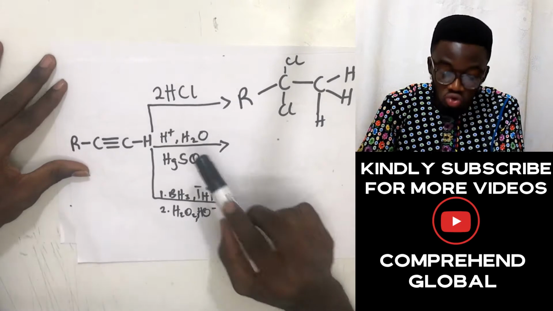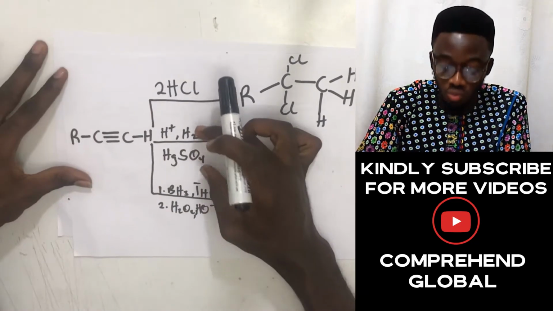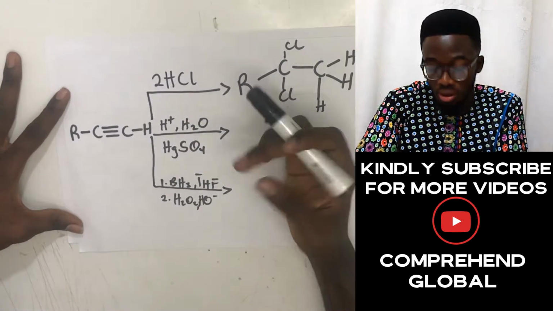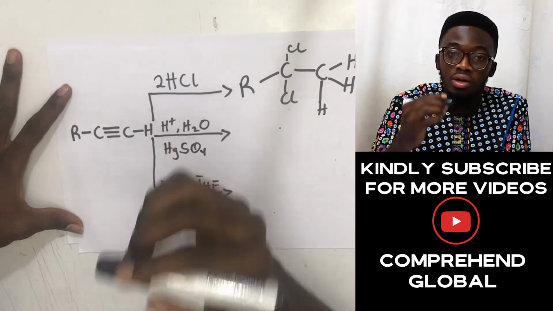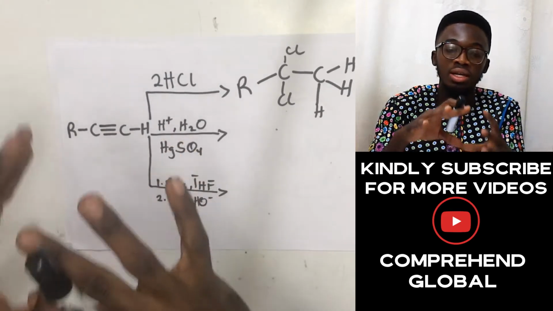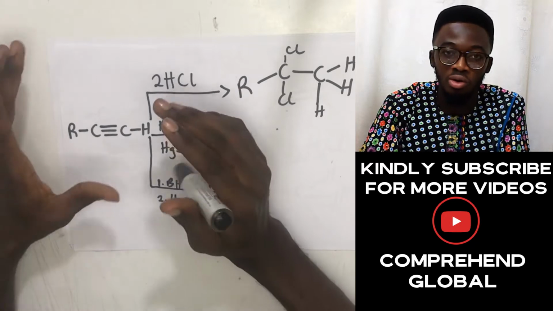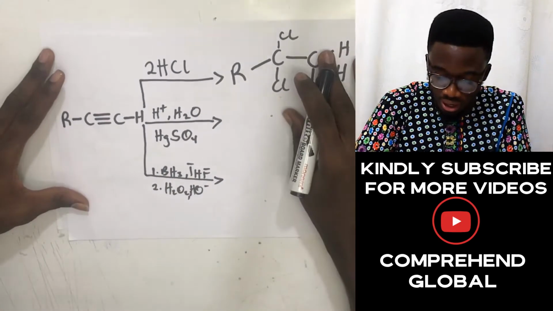Now, these two we are going to add. So when you see this reaction, H2O and then HgSO4, it has its mechanism there. But what you have to know is that it has a carbonyl. It adds an OH and then an H to a double bond, where the OH now forms a carbonyl, just as we did earlier.